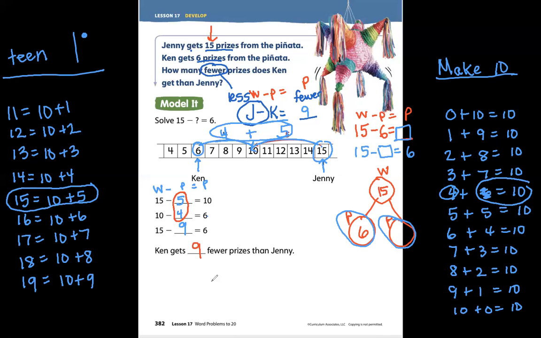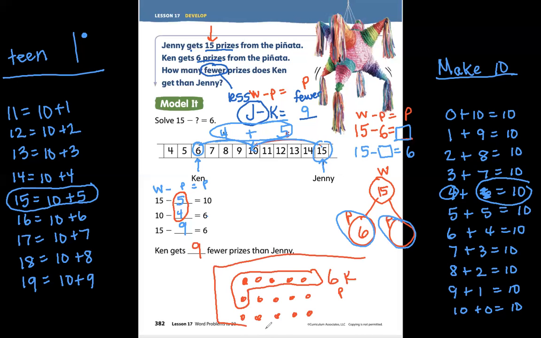We could also take 15. 1, 2, 3, 4, 5 new lines. 6, 7, 8, 9, 10, 11, 12, 13, 14, 15. And circle 6. 6 is how many Ken had, and that was a part.